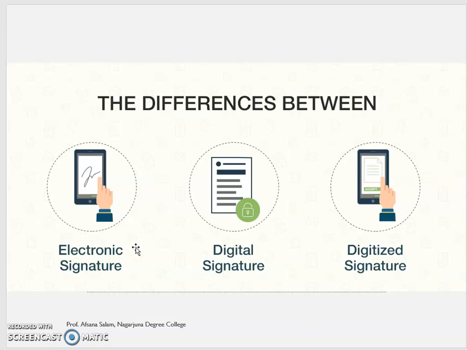You have kept your document or your signature logged inside a particular application, that becomes your digital signature. Last one is digitized signature, where you are giving acceptance. You use your fingerprint to open your mobile phone, that becomes your digitized signature. You have already loaded your password, and whenever you use it, it will open. So these are the 3 different types of digital signature.